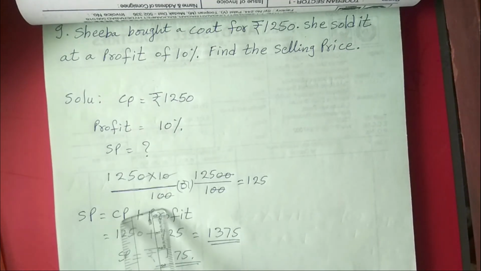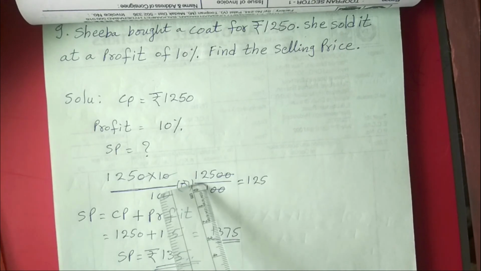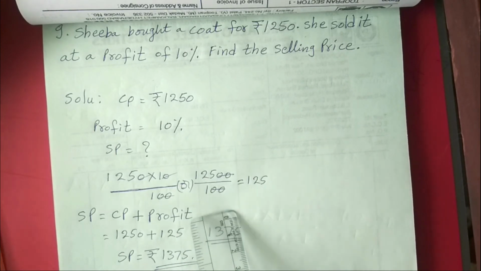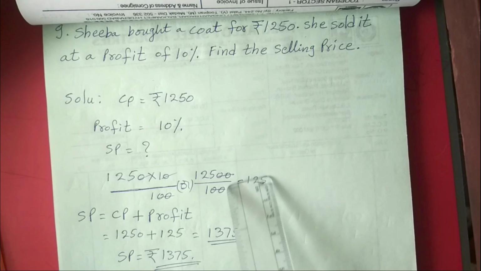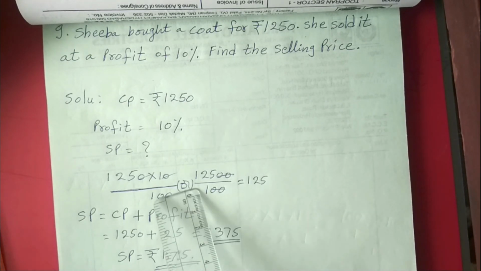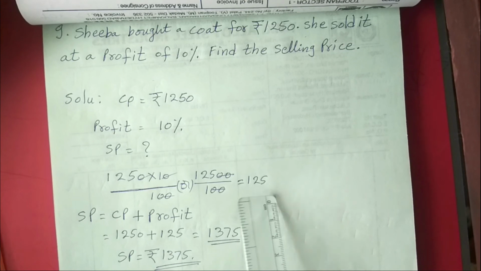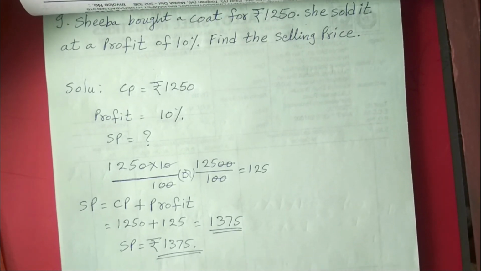1,250 into 10 by 100, or directly we can write as 12,500 by 100. Now cancel these two zeros. Okay. Now what here has remained? 125 by 1. 125 by 1 is 125. Right.